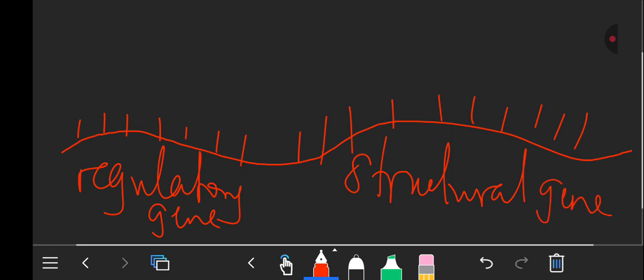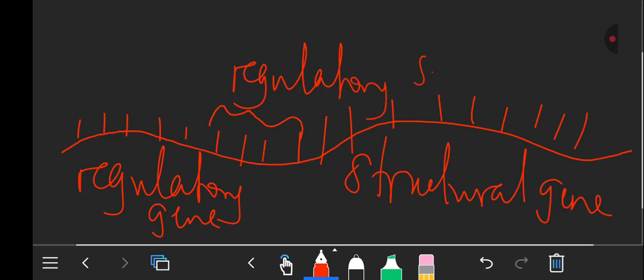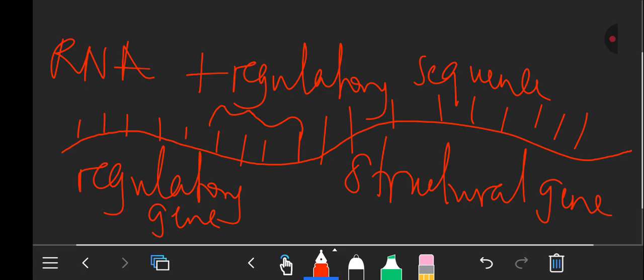One thing I want us to understand is that the RNA polymerase binds to the regulatory sequence. So we have the regulatory sequence here. This is where the RNA polymerase is going to bind. So it just binds to the regulatory sequence.